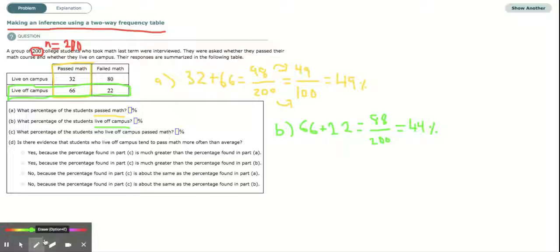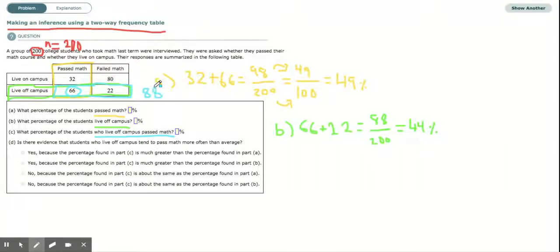All right, next, it's asking us the percentage of students who live off campus and passed math, right? So of the students who live off campus, meaning we're just looking at these ones, right? What percentage of the ones who live off of campus passed math? Well, that was 66 of them out of the total 88.